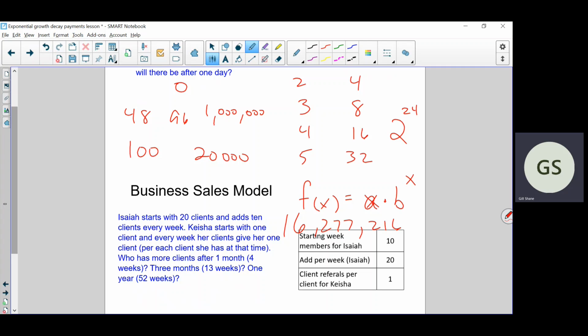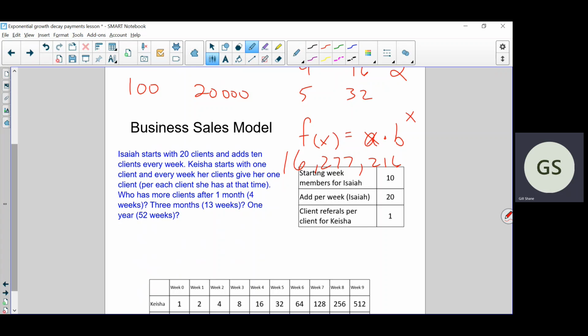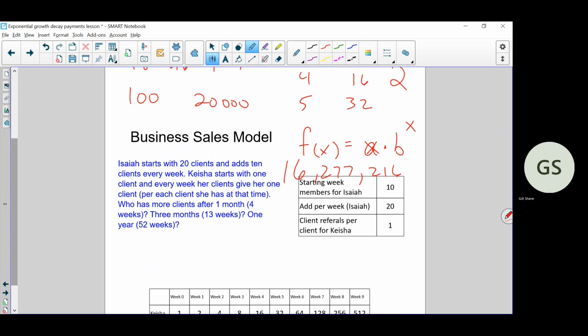All right. So if you want to go into business for yourself, which some of you might, some of you might say, hey, working for somebody is not really for me. You're going to need clients, you're going to have to sell stuff. So the model that you want is an exponential growth model.